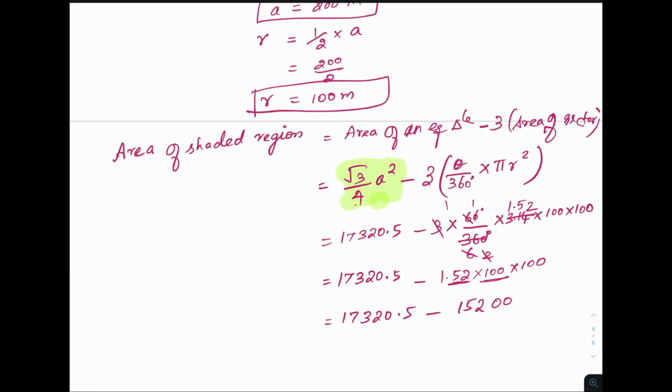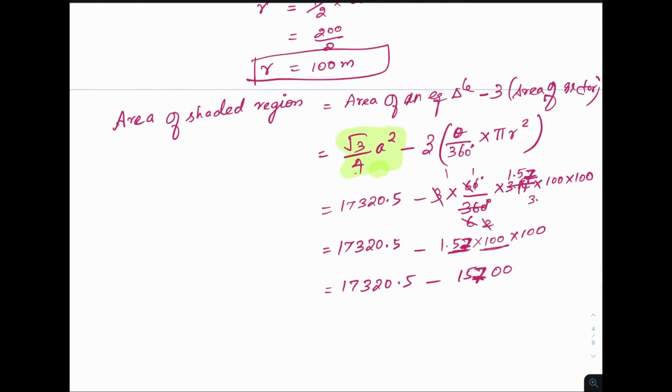Okay, this is 7 actually, 7 times 14, so this will be 15,700. Here actually 3.14 divided by 2, so this will be 1 time, 1 11, so that is 5 times, remaining 1 7, so 157 into 100 into 100, 1.57 into 100 into 100 gives 15,700.